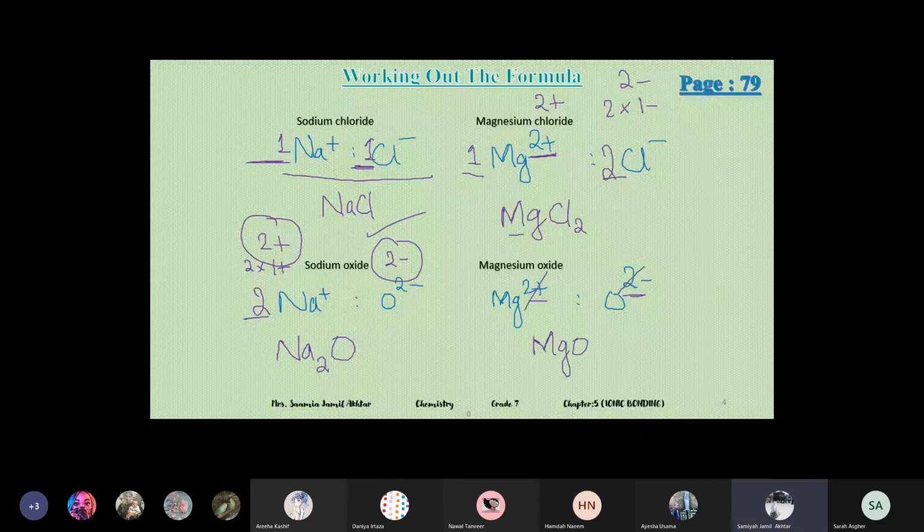If we are writing any number to balance it, then we have to write that number in the formula. Like in magnesium chloride, we wrote 2 to balance it. In sodium oxide also, we multiplied with 2. That is why we write the number in the formula. But if they are already balanced from the start, then we will not write any number.